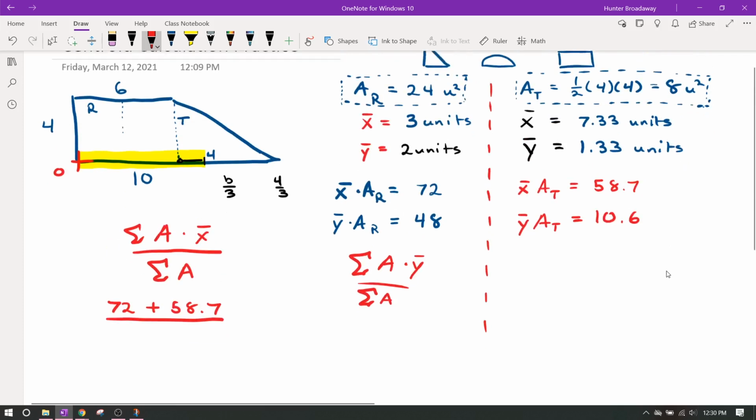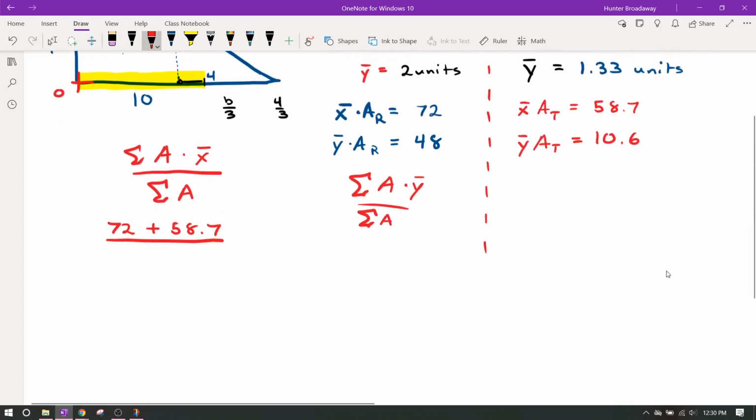So it's 24 plus 8, which is going to be, let's see here, make sure I don't mess this up, 32. So I'm going to put 32 down here at the bottom. Once we calculate that out, 72 plus 58.7, divide that by 32, that comes out to 4.08. So this is going to be our first part of our ordered pair. I'm going to write parentheses here, and I'm going to write 4.1. I'm just going to round it to the nearest tenths place. It said 4.08, but I just made it 4.1.